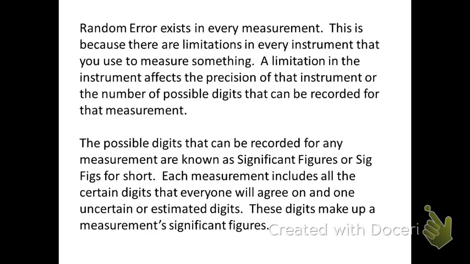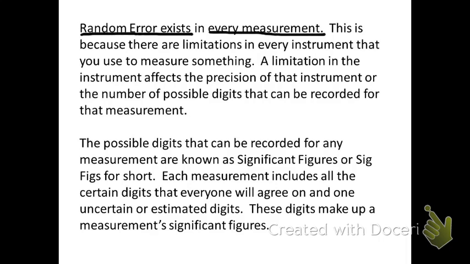Alright, in our last lecture we addressed experimental error, both systematic error and random error. In this particular lecture we're going to focus on more or less random error and significant figures that deal with that. So first of all, random error, if you remember, exists in every measurement.